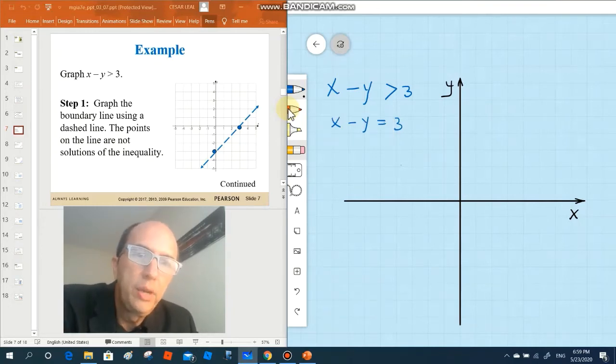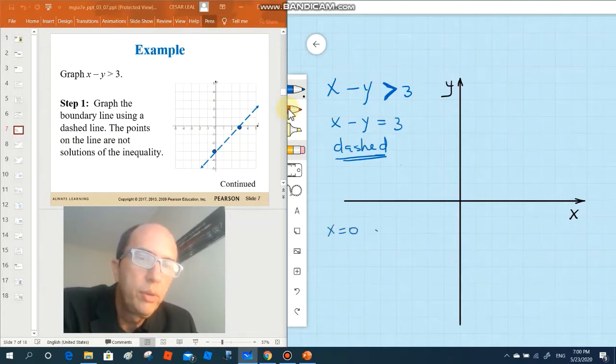First thing I'm going to ask you is, the boundary is going to be continuous or dashed? Check here this inequality. It doesn't have an equal sign, right? There's no equal sign here. So it is going to be dashed. x minus y equals 3. Let's say x equals 0.